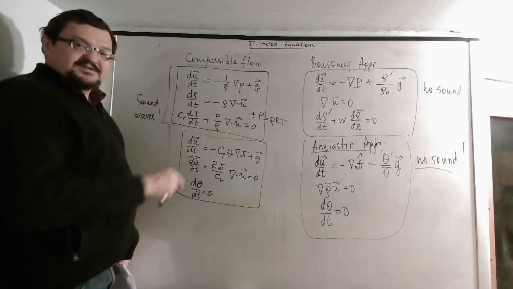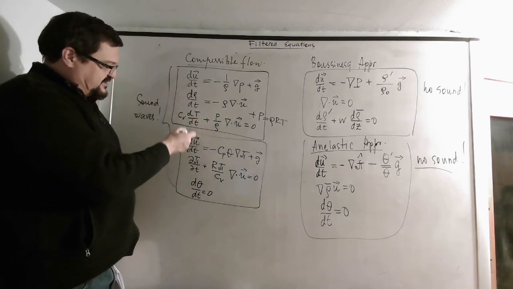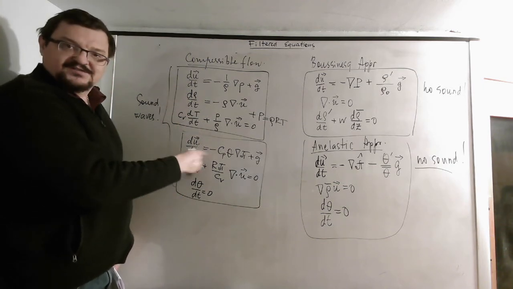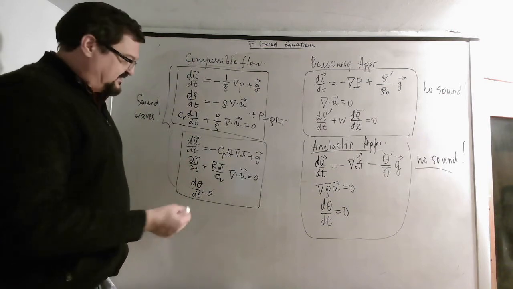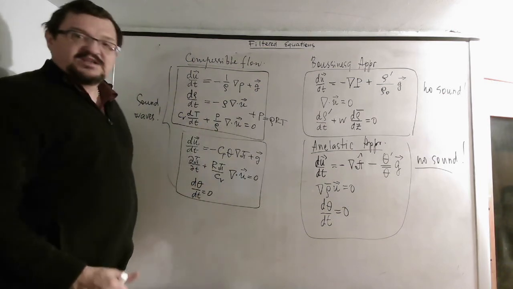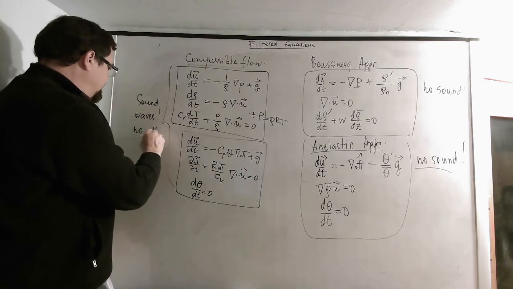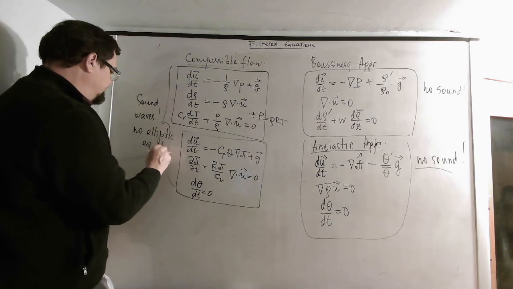While here, everything is local. You see, it's all just local derivatives of all these variables, so you just solve them locally using the finite difference method or finite volume method. So there is no elliptic equation to solve.